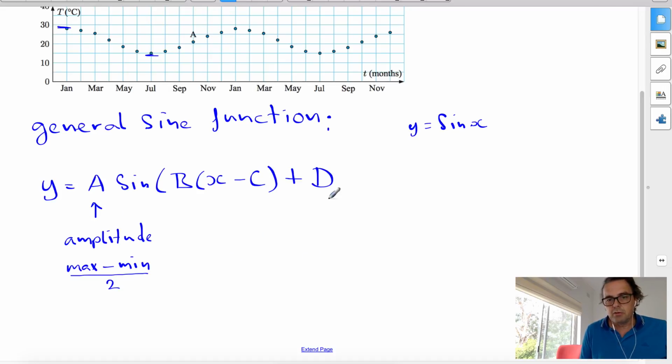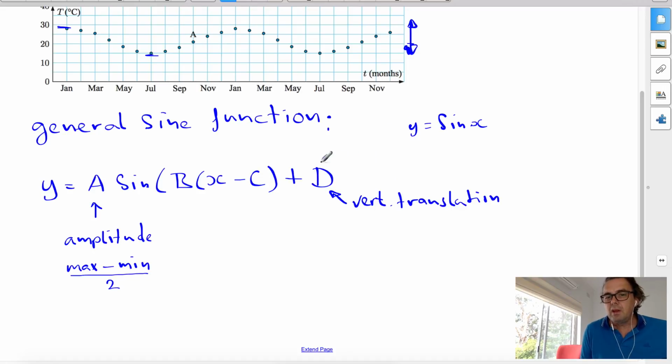Then I'm skipping to D here. D is the vertical translation. The vertical translation means how far does the whole graph shift up or down. So I can move the graph up or down. How do I find the vertical translation?